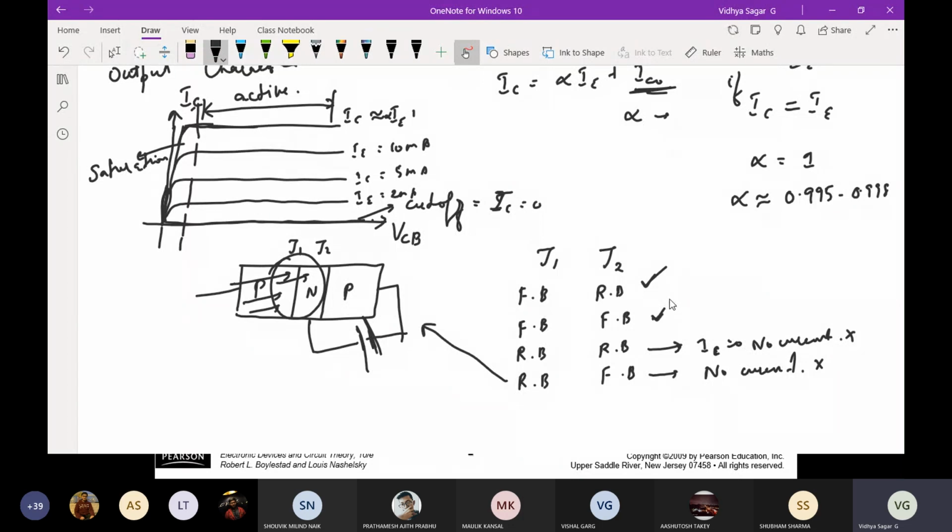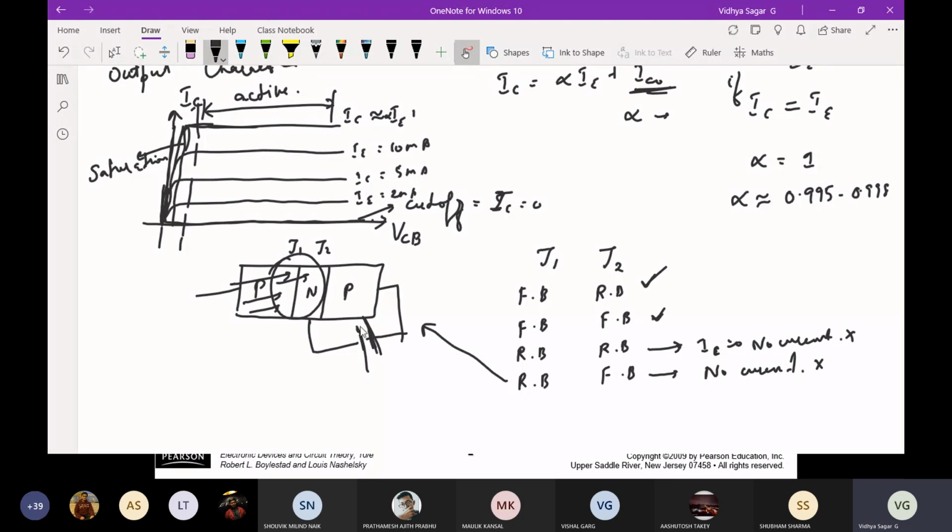What about this case, where both are in forward bias? Will the current flow or not? It will flow, sir. It should flow. If both are in forward bias, it is the maximum current. Yes, sir, that is where this region will fall. So the current increases, and after that it gets saturated.